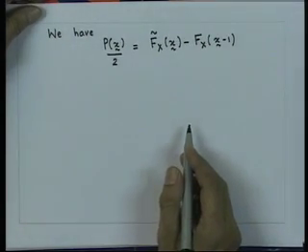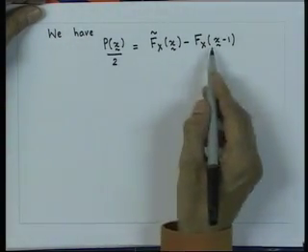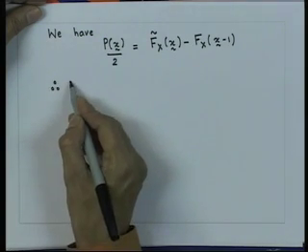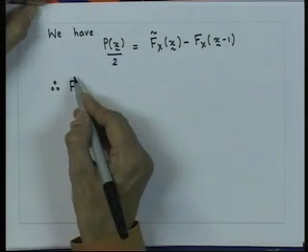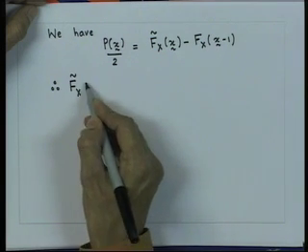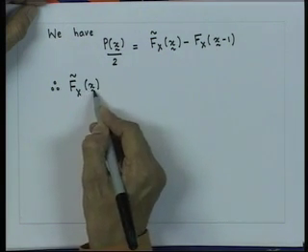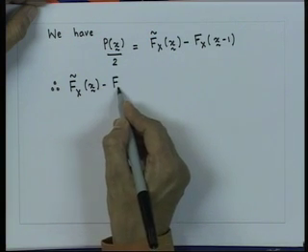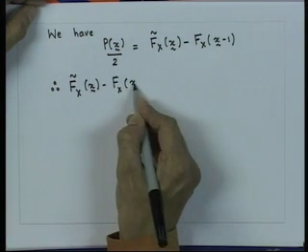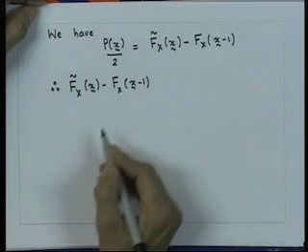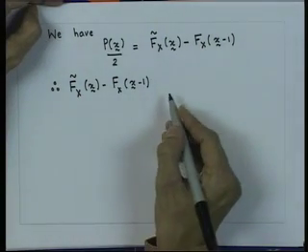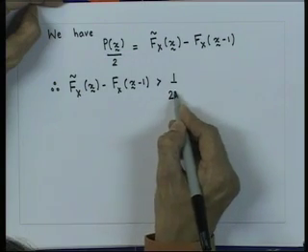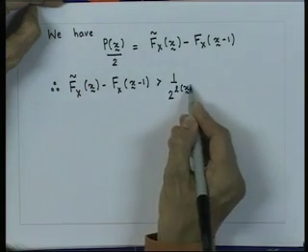Therefore, from this we get F tilde(x) minus F(x-1) is greater than 1 by 2^L(x).